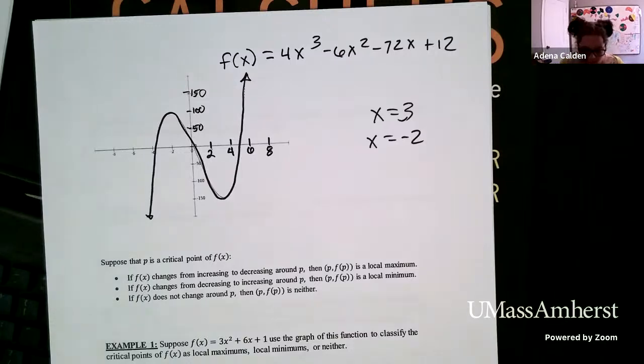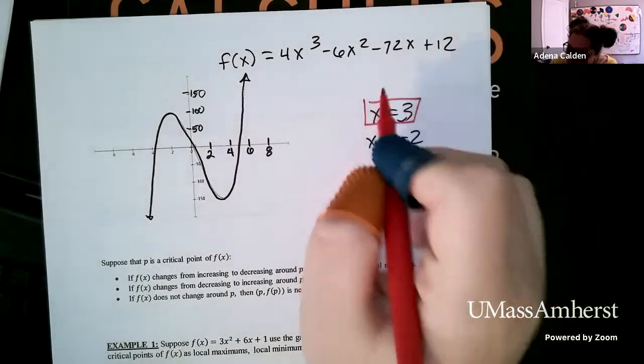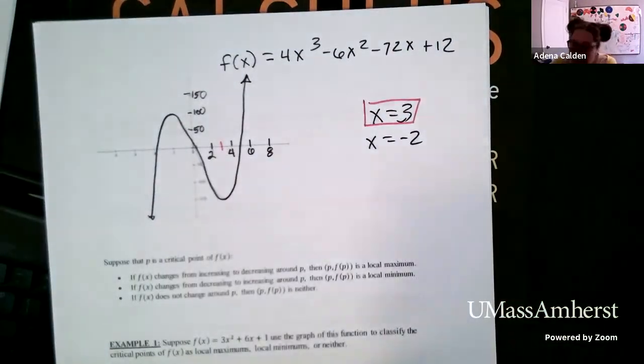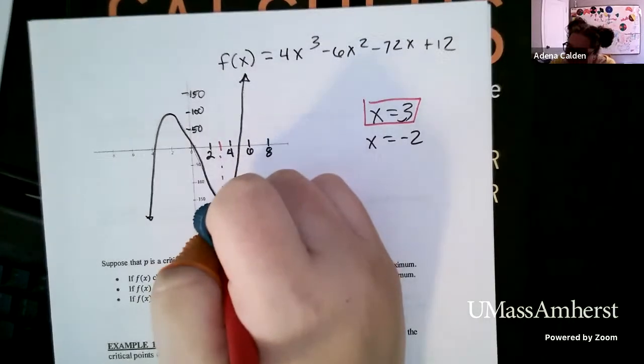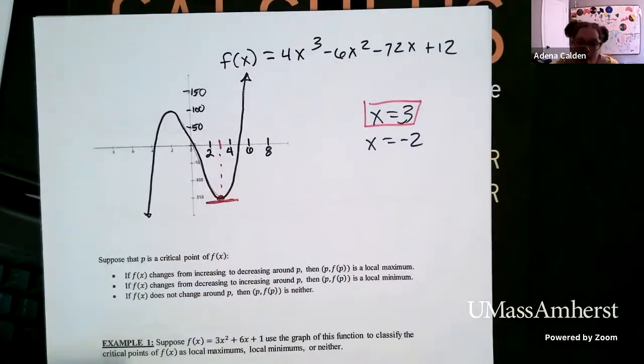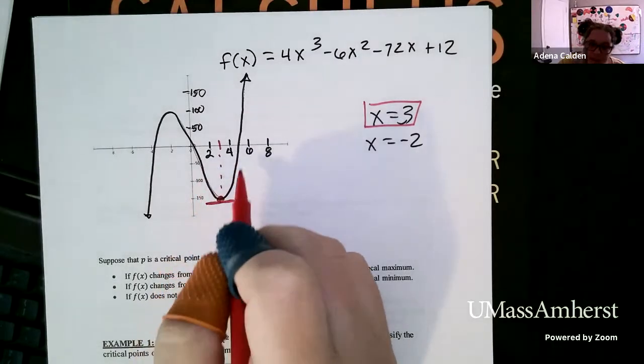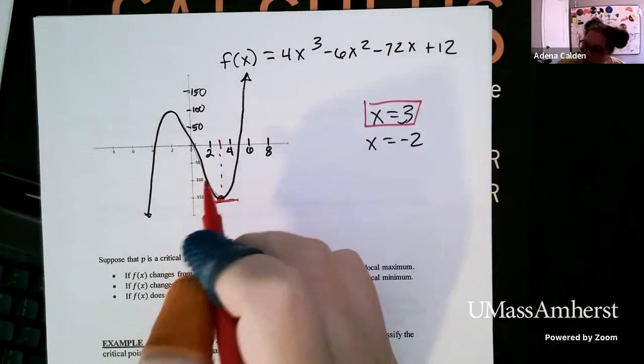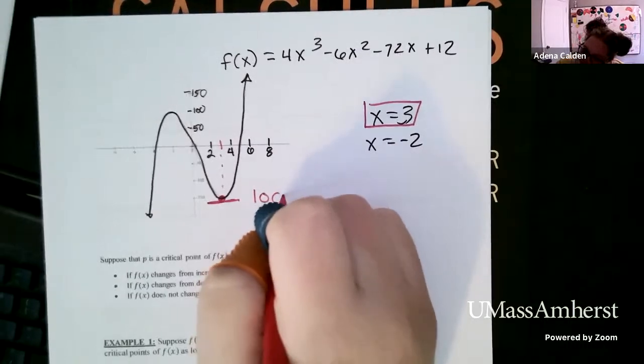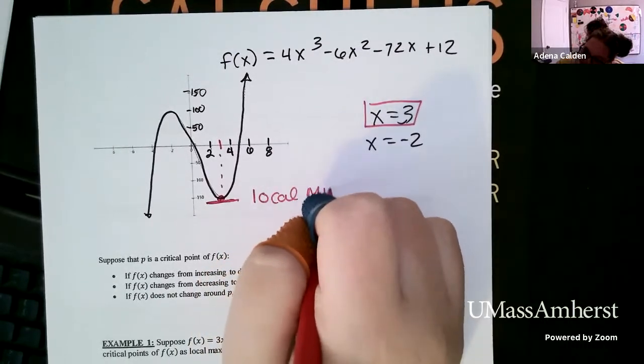For x equals 3, we go over to roughly where 3 is. We go down till we find that horizontal tangent line, and then we visually look at what's happening on the graph. We see that this is the bottom of a cup, and that tells me that it is a local minimum.